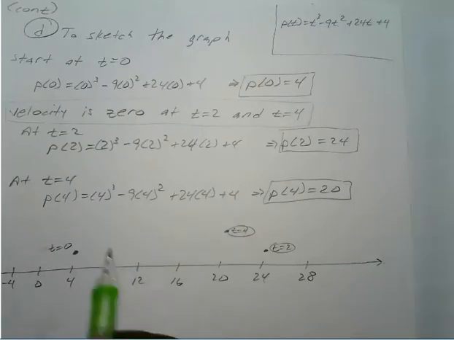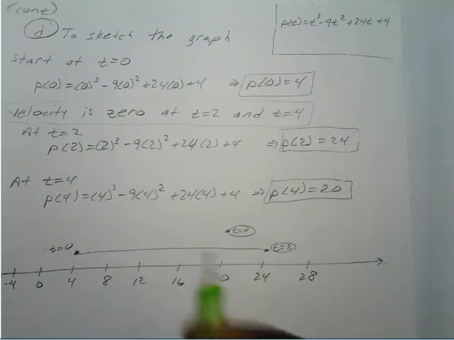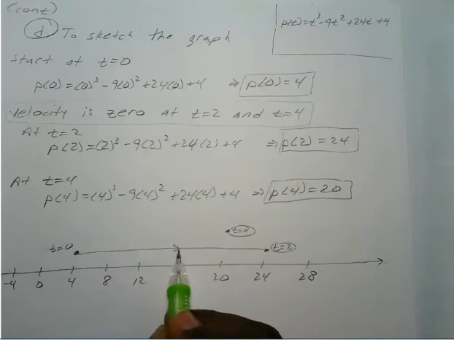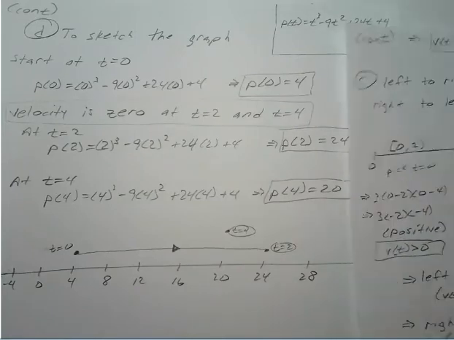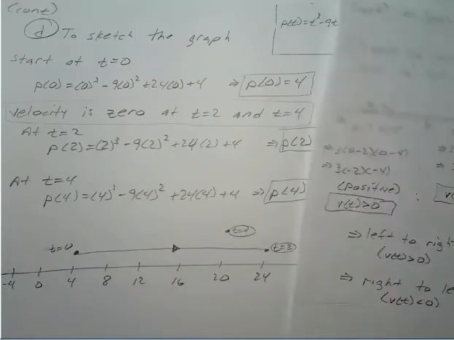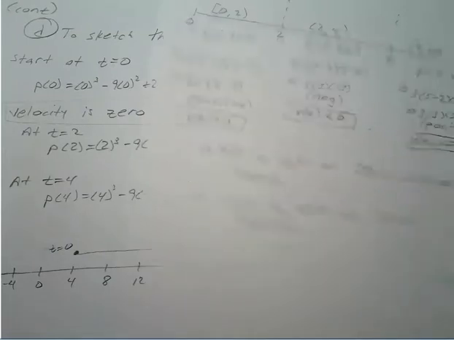So from 0 to 2, you're going right to left, so we might as well draw a little arrow there. We'll do the 4 to infinity in a second.